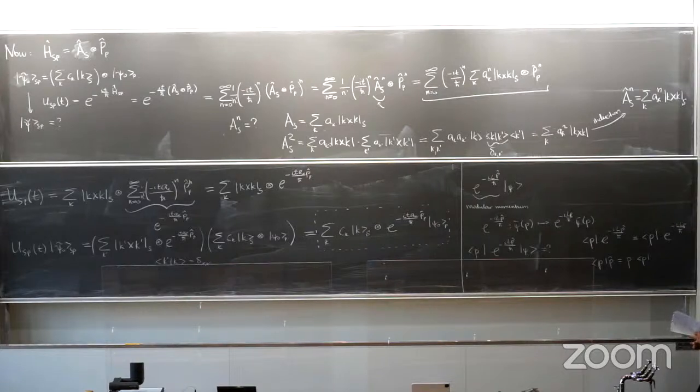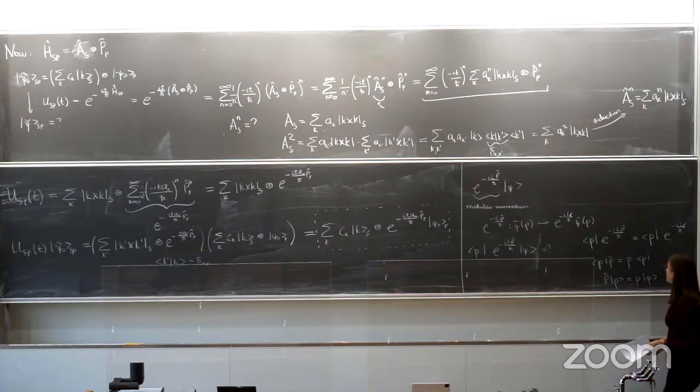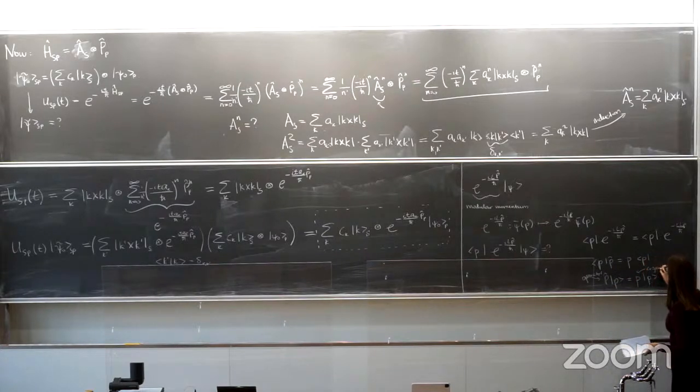So this is the operator, which has the momentum basis as its eigenbasis. p acting on p gives just the value of p, the eigenvalue, just a number.